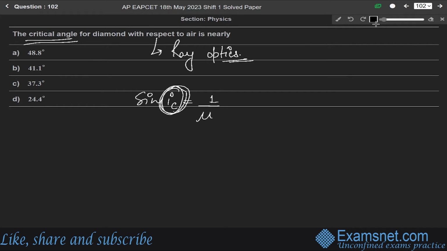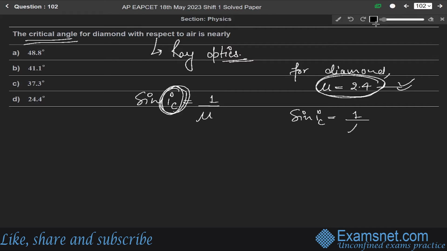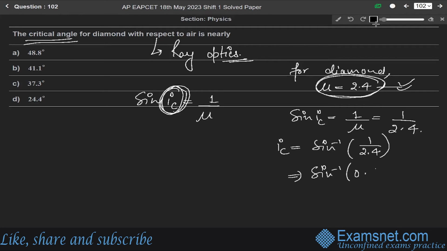So for diamond, we know that the refractive index is 2.4. This is the standard value of refractive index for diamond. So sine IC is equal to 1 over 2.4. So IC will be equal to sine inverse 1 over 2.4, which is equal to sine inverse 0.42.